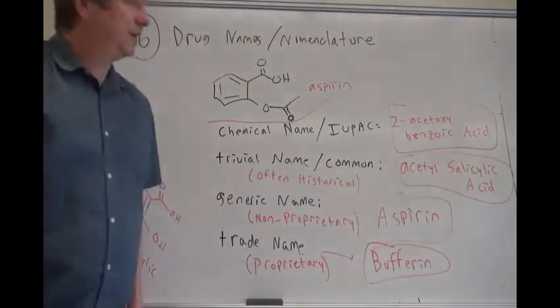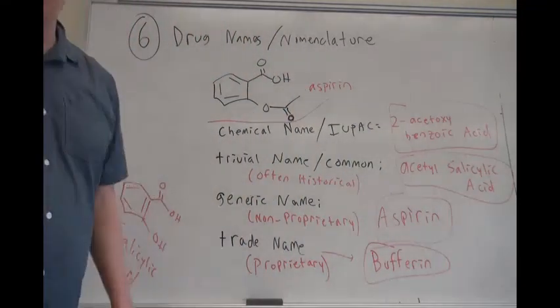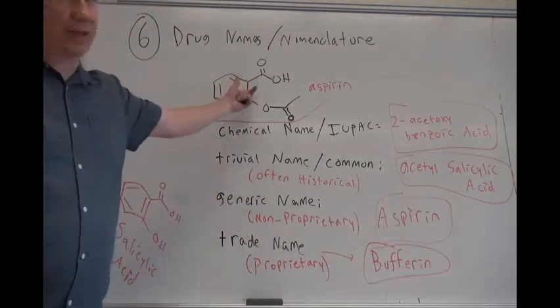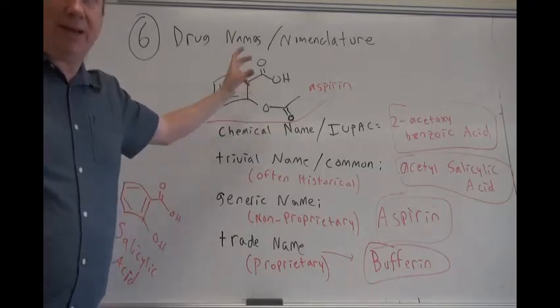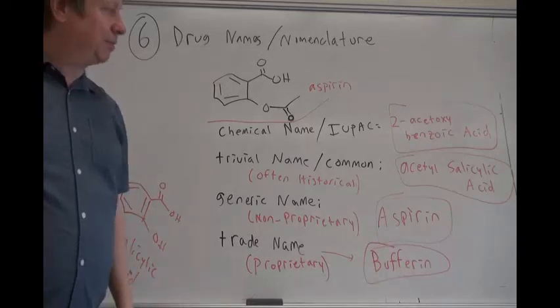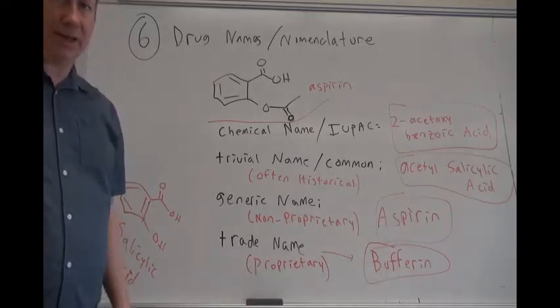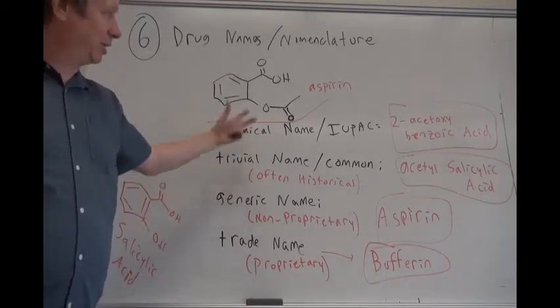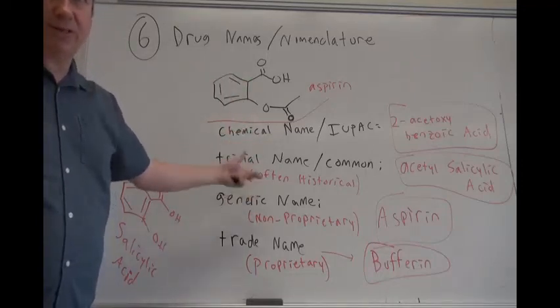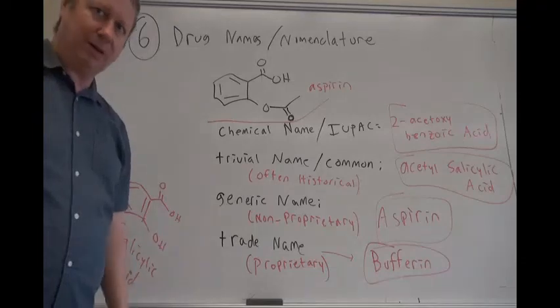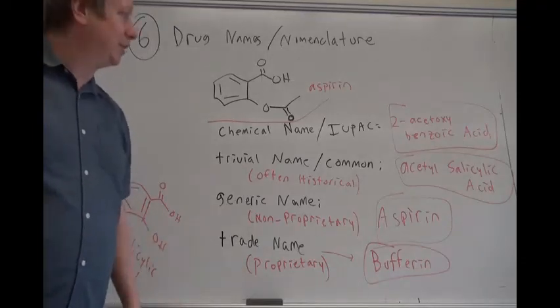Bufferin is a specific brand of buffered aspirin because it's a carboxylic acid, it has some buffers and inorganic salts that make it less problematic on your stomach. Okay, so this is an example of how we might name aspirin. There's multiple ways to name it. You see all these names in pharmacology when people talk about drugs.